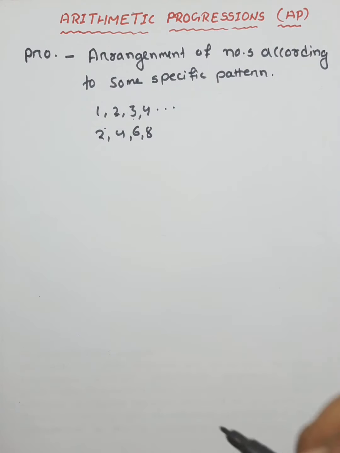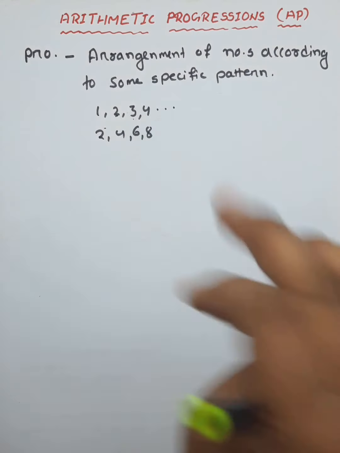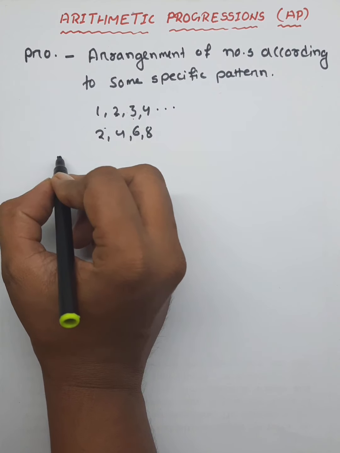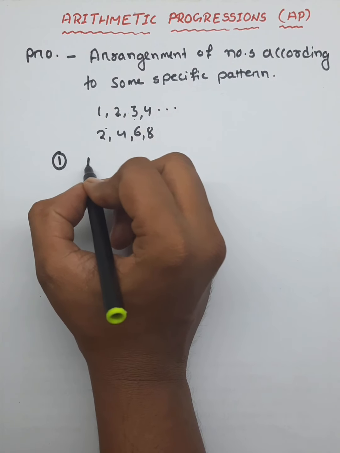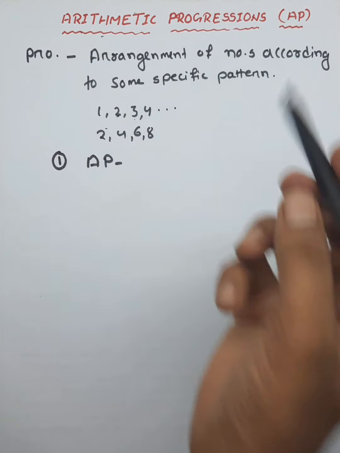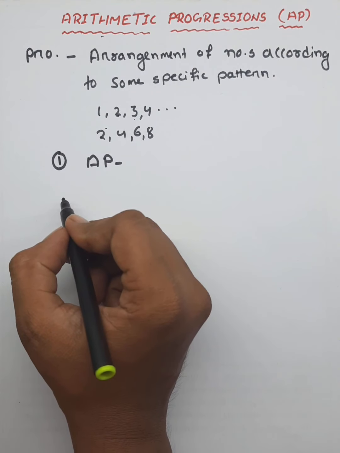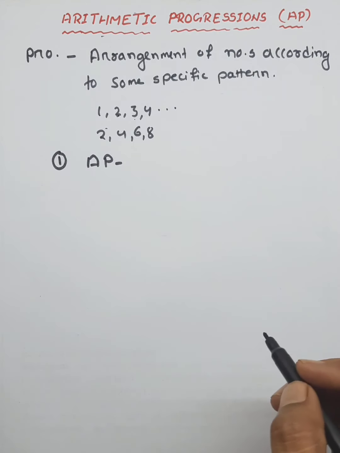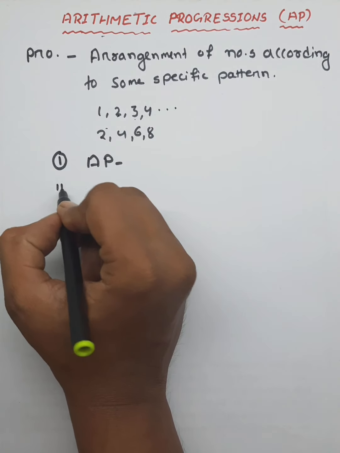And students, there are 3 types of progression. One is AP, which means arithmetic progression. Second one is GP, and third one is HP.